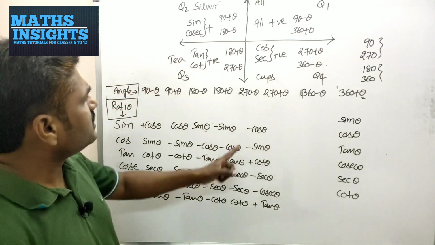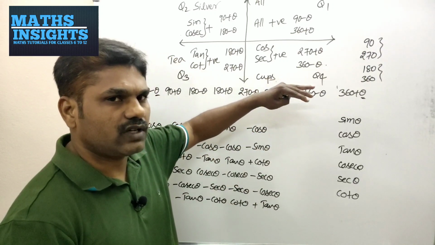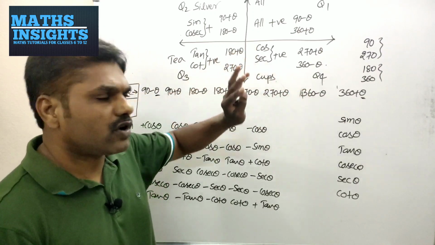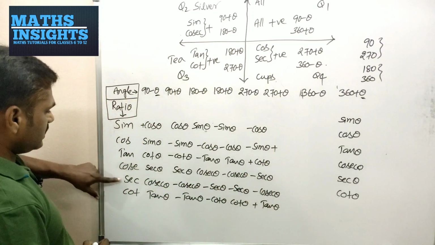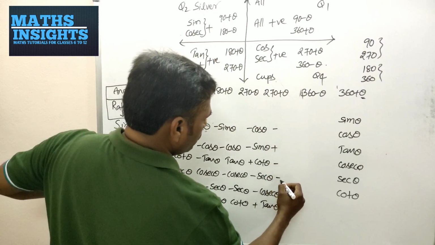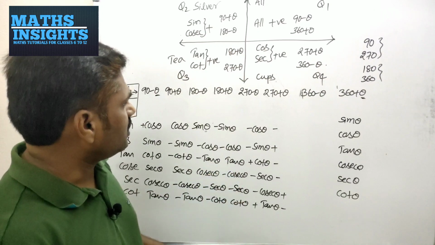Next, when you see 270 plus theta, that is in the fourth quadrant actually. In the fourth quadrant, cos and secant are positive, remaining are negative. So I am putting minus and plus in the initial stage itself.